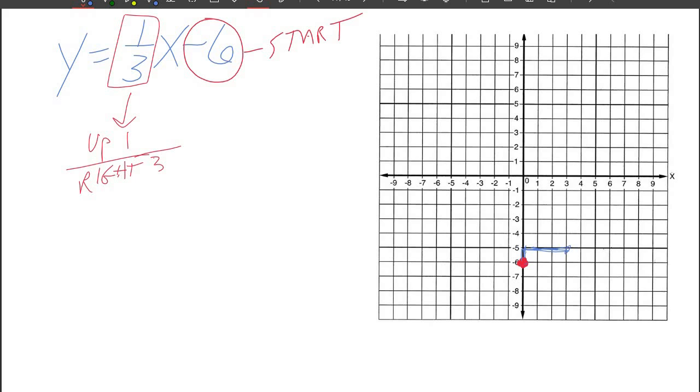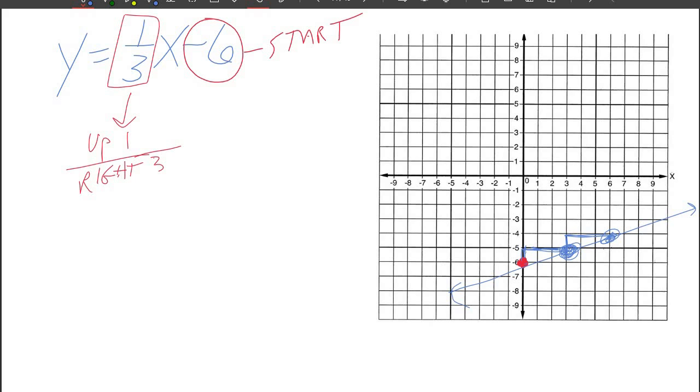And you put your next point. There's my point. I know it's kind of weird. If I want to do another point, I would do the same thing. I would go up 1 and over 3, and put my next point. Then we would sketch the line the best we can.